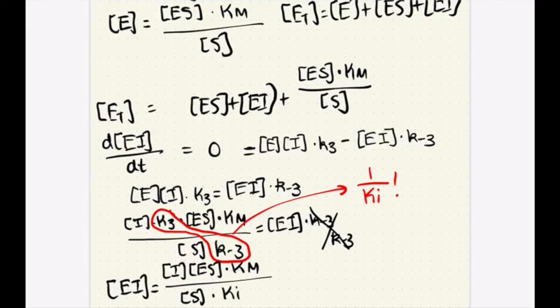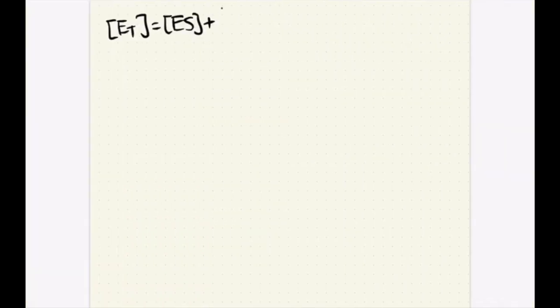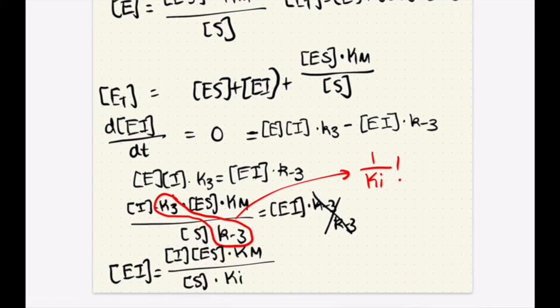So now we found the enzyme inhibitor complex concentration in terms of ES. So now we can plug this back into the enzyme total concentration equation. So the total enzyme concentration is going to be ES plus the enzyme substrate concentration times the Michaelis constant over the substrate concentration plus this value we just derived.